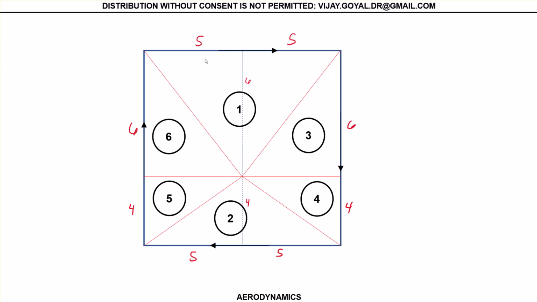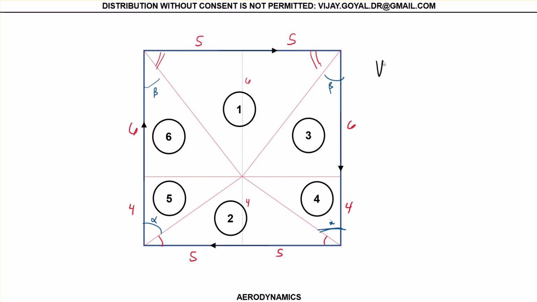Because the distance here is the same, this angle and this angle are identically the same. Here, this angle and this angle are the same. However, the angle located here is not going to be the same as this. This is alpha, this will be a beta because the distances are different. And the same here, this is beta and this is alpha. So I need to use different rules for that.